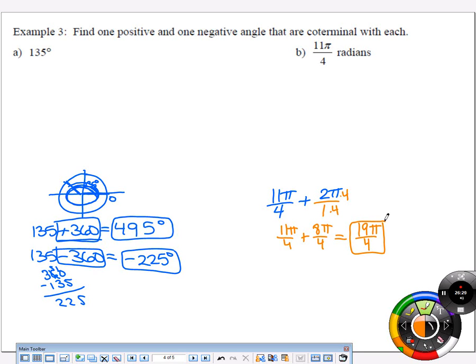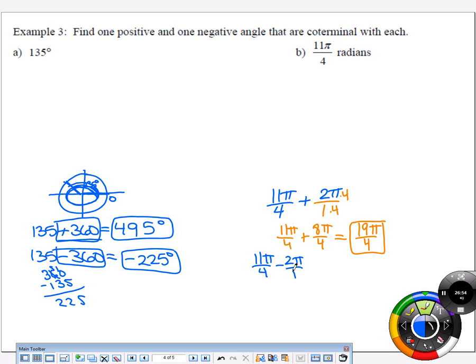Okay. All right, how am I going to try and get negative coterminal angles with 11 pi over 4? Subtract 2 pi, right? The answer in degrees was to keep subtracting 360 if you wanted new angles that were going negative direction. So in radian mode, that means subtract 2 pi. So I can take 11 pi over 4 and subtract 2 pi.